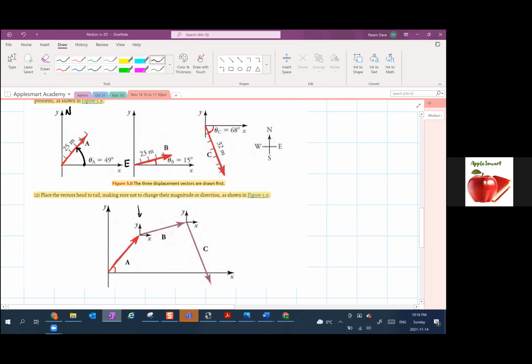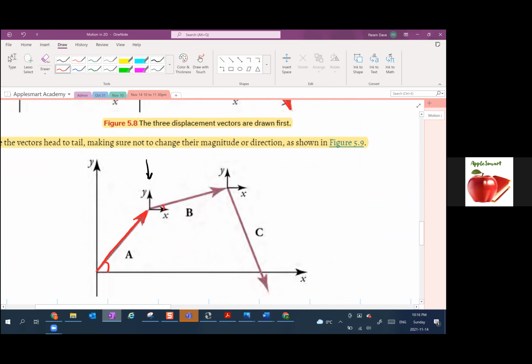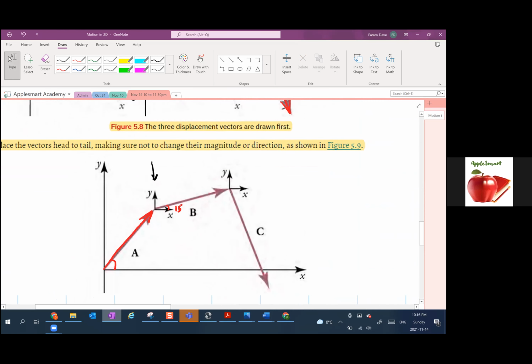So you use that x and y axis to draw your vector B. Now be very specific that vector B needs to be at 15 degrees with the x-axis. And so let me just make it a little bit bigger. This angle right here must be 15 degrees. Remember to follow the directions, okay?